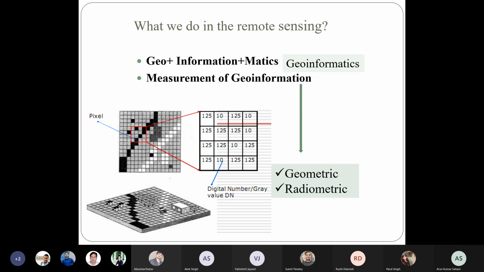Because the numbers given in this slide vary from 10 to 125, 7-bit is sufficient. But let's say we consider 8-bit. I hope all of you know that in 8-bit we have 256 distinct sequences of binary numbers. Is there any doubt in that?